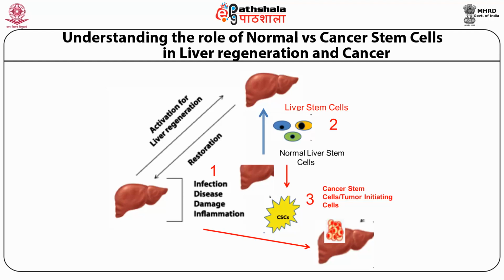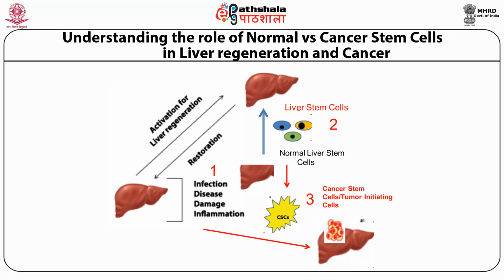In certain instances, due to activation of oncogenes or tumor suppressors, the normal stem cell can convert into a tumor initiating or a cancer stem cell, as shown in point 3. And then starts the clonal proliferation of this tumor initiating cell, or the cancer stem cell as it is called. This leads to formation of a malignant cancer type.